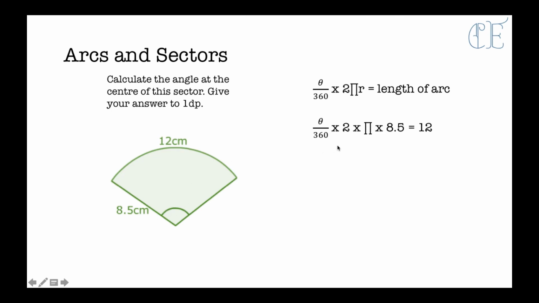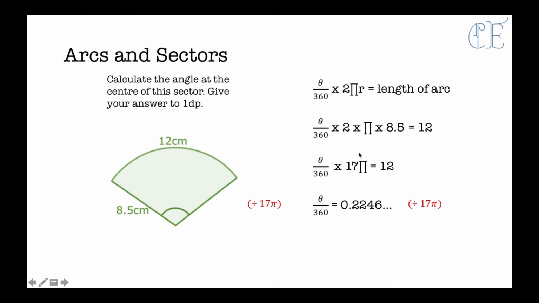So what we need to do now is start moving some things over away from this section here. What I've done is times 2 by 8.5, just to shorten it down a little bit, giving us 17 pi. Then I'm going to divide by 17 pi, because I want to get this on its own. That now leaves me with theta over 360.